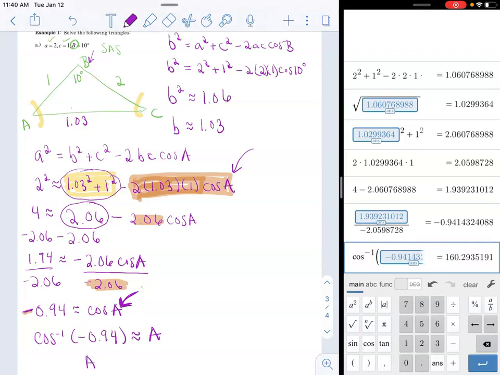So I get A is approximately 160.29 degrees. Now, if you did law of sines, you would not have gotten that answer, okay? Maybe try it to convince yourself why you can't use it.